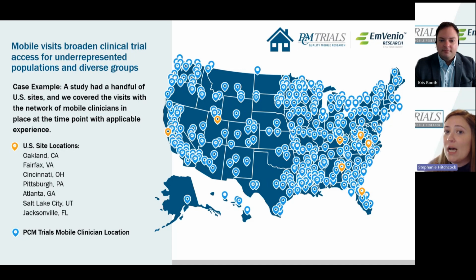So it's really important to understand that these mobile visits not only expand who can be enrolled in the clinical trial because it does broaden the geography of the site. In this image, the orange dots are a standard US site location, and the blue dots are where PCM Trials clinicians are located in the United States.